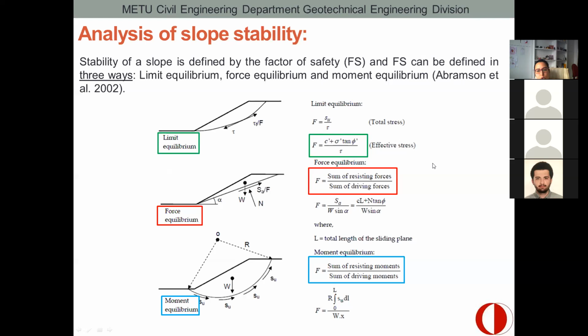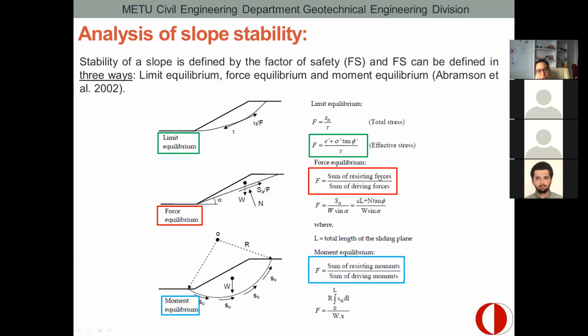So whatever we use, everybody, the first thing is to understand what drives our slope to fail and what resists the failure. After we understand these forces clearly, if I have to calculate the forces, easy. If I have to calculate the moments, easy. Or if I have to consider the stresses, that's also quite easy.